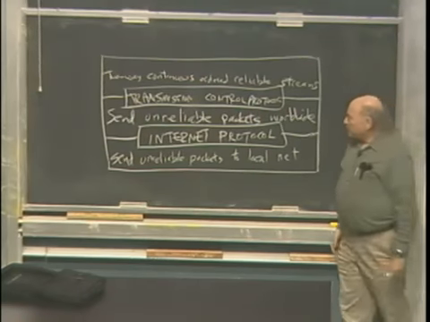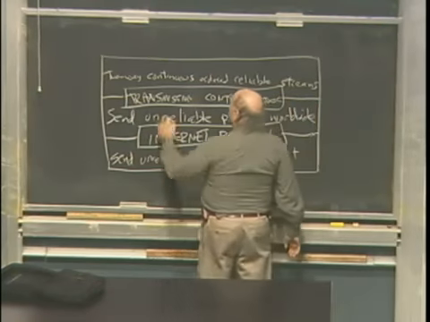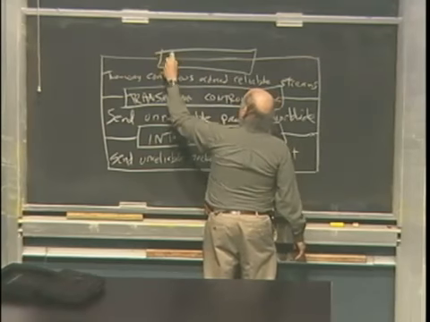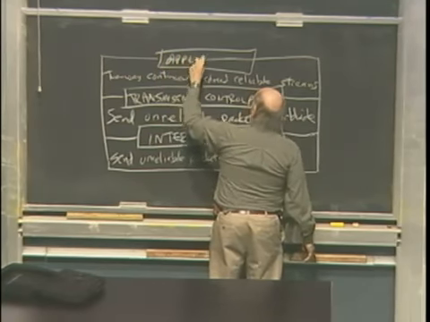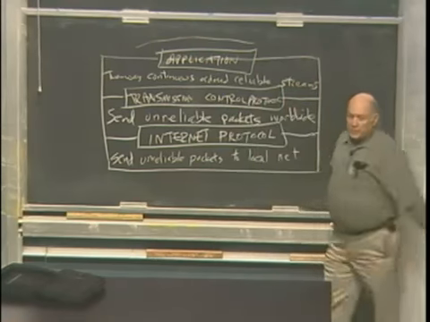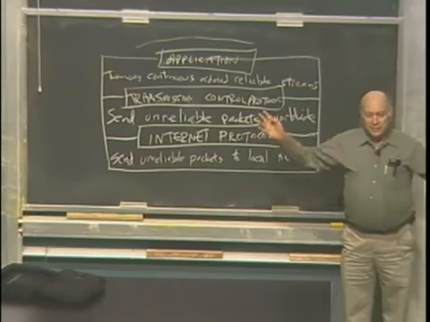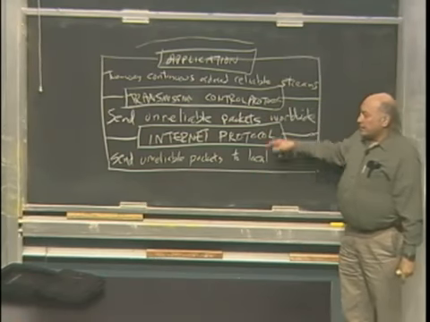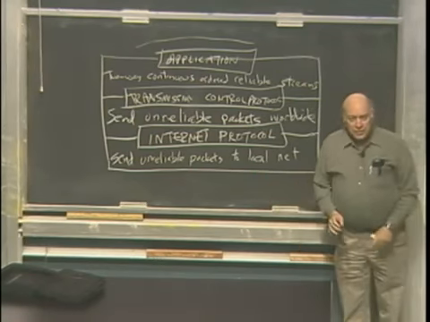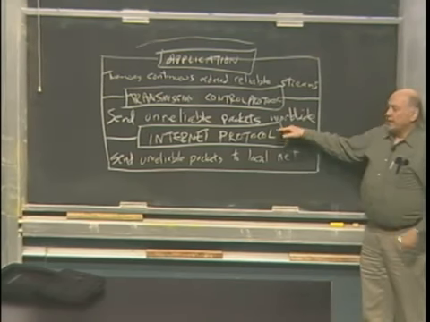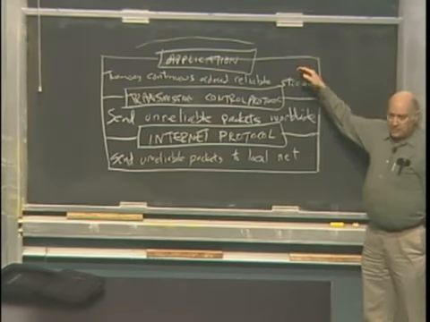And then, on top of that, we have an application that gives you, whatever it gives you, a web browser or a file transfer protocol or something. So this is called the network stack. In the literature, somebody a long time ago came up with a 7-layer stack.